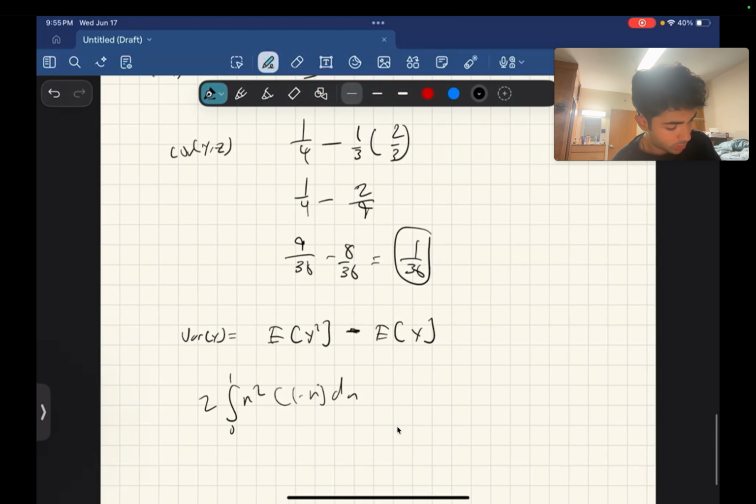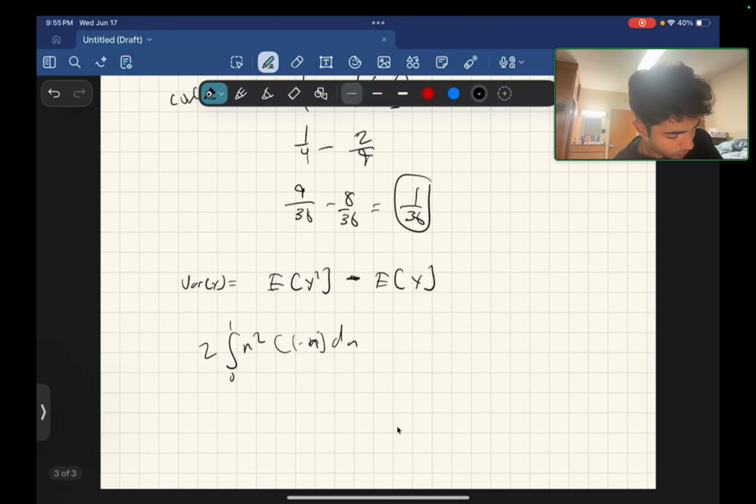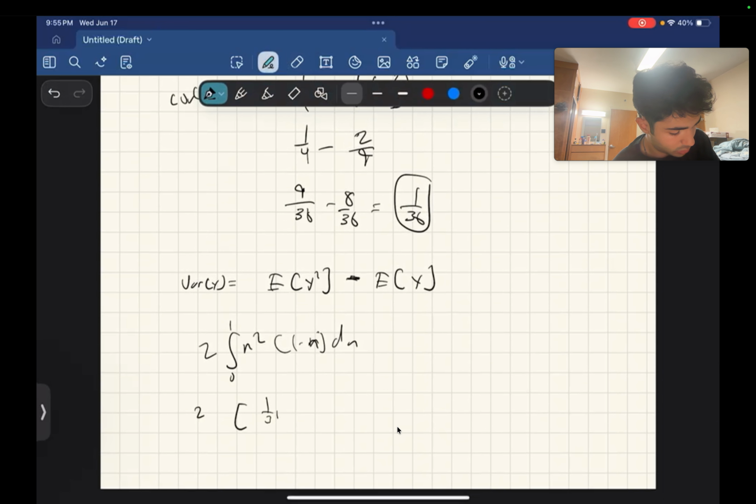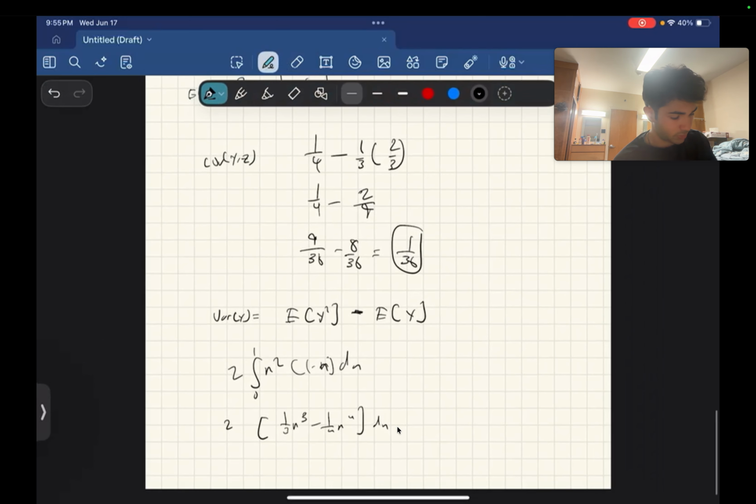Okay. Now we get 1/3 n cubed minus 1/4 n to the power of 4. And that's 1/12. 2 times that is 1/6.